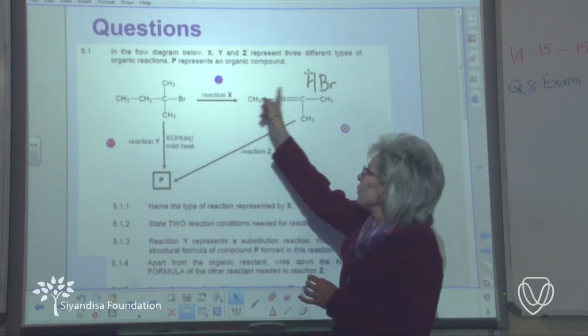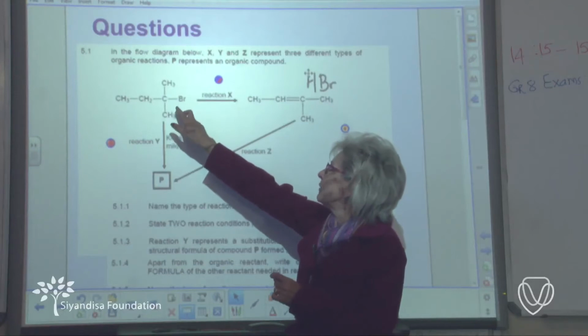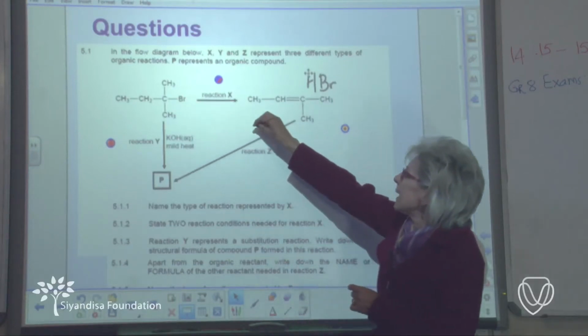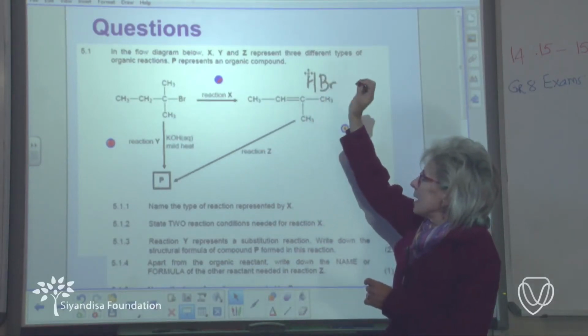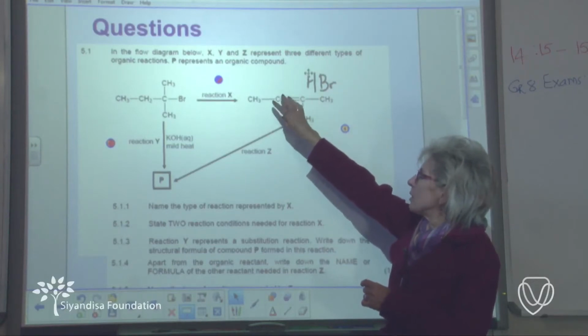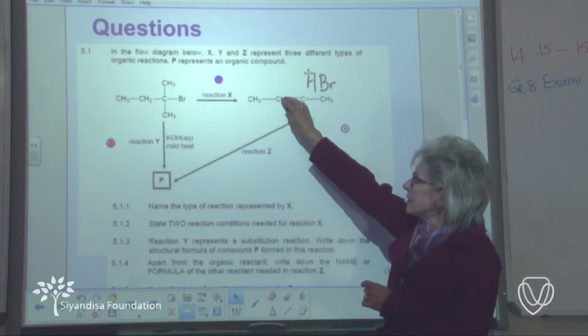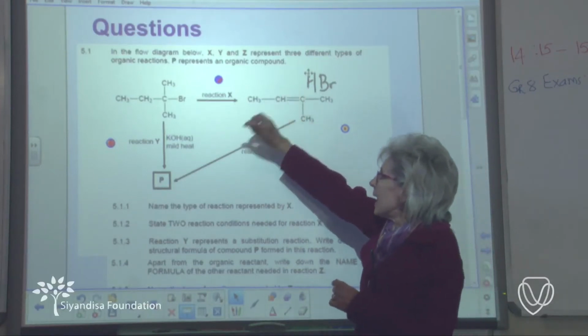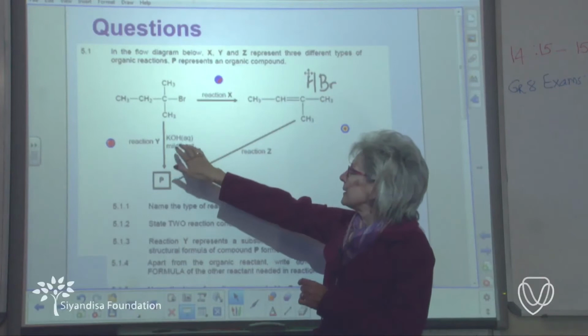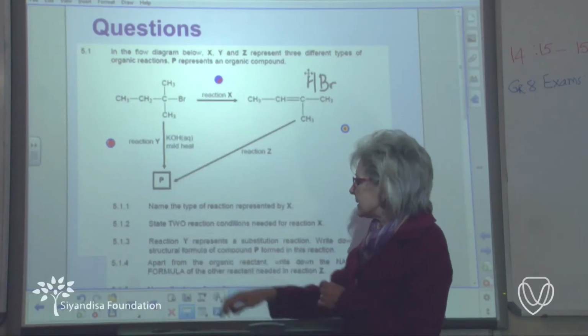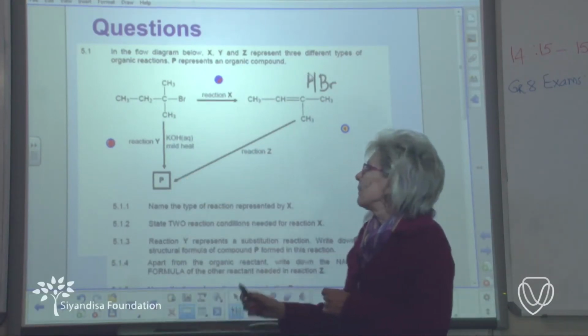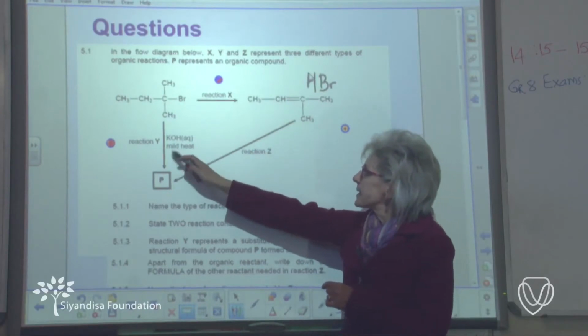For this reaction where I've completely removed H and Br, I needed a group 1 base, which was maybe potassium hydroxide as they've got here, but I needed a concentrated one and strong heat. Now I'm using the same chemical, but now it's mild heat. So now it means that we are not removing, we are simply substituting.